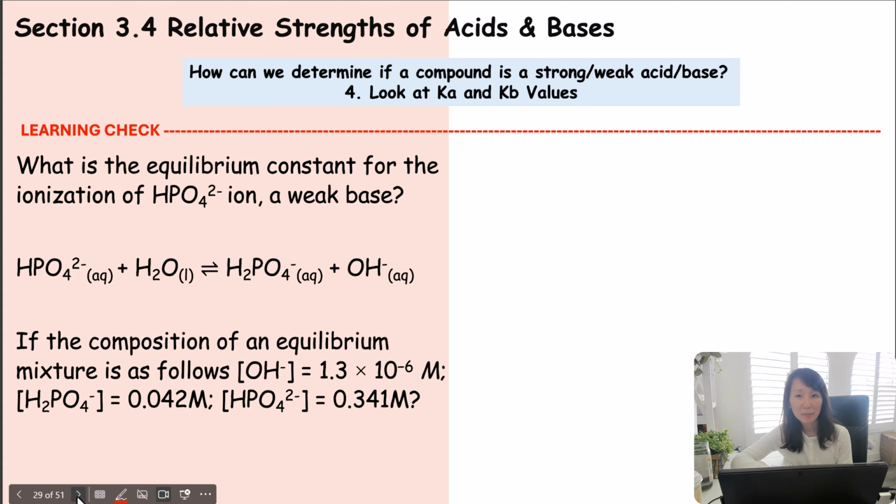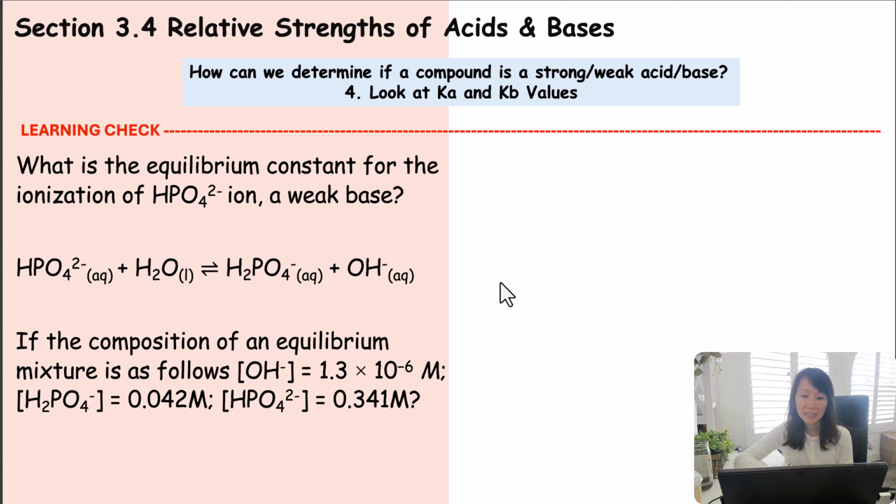Let's do a learning check based on that base. What is the equilibrium constant for ionization of HPO4 2 negative ion, a weak base? And it already gives you a nice equation that goes with it. The composition of the equilibrium mixture is as follows: it gives you the hydroxide concentration, the H2PO4 negative concentration, and also the equilibrium value for the HPO4 2 negative.